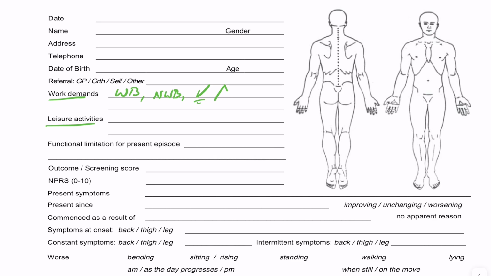Leisure activities is similar. If they were to say that on the weekends they play tennis or some other recreational activity, well, what if they said they feel better on the weekend versus during the week when they're working? And during the weekend they're more active, and on the work week they're more sedentary.